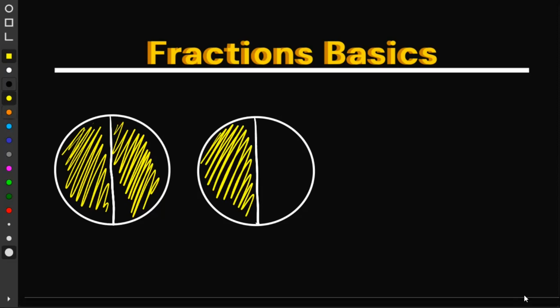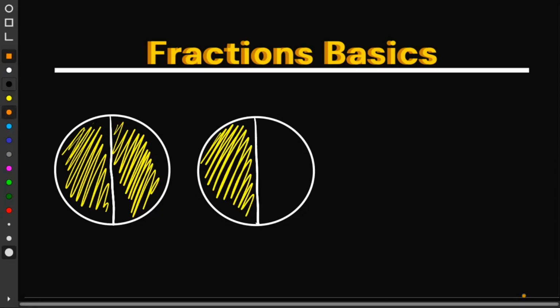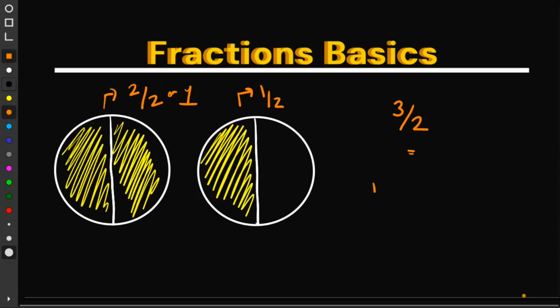Then we know that this one out here is 2 over 2, and this one is 1 over 2. So when we combine these two, this one is actually 3 over 2. But note that 2 over 2 can also be represented as 1, since this is already 1 whole. So this one is also equal to 1 and 1/2.